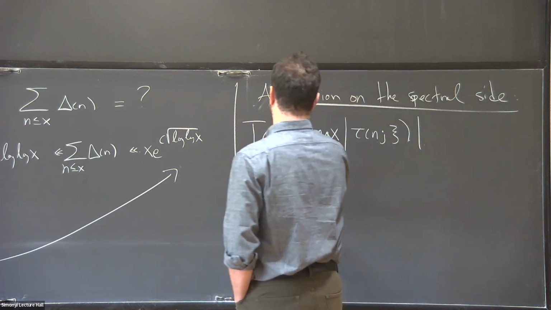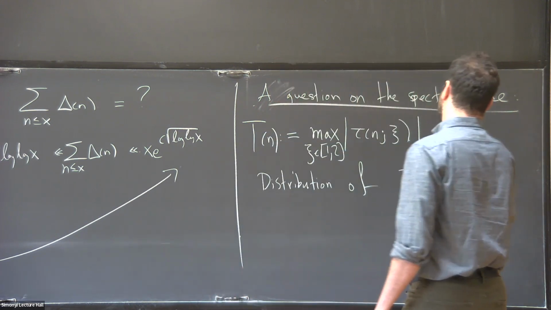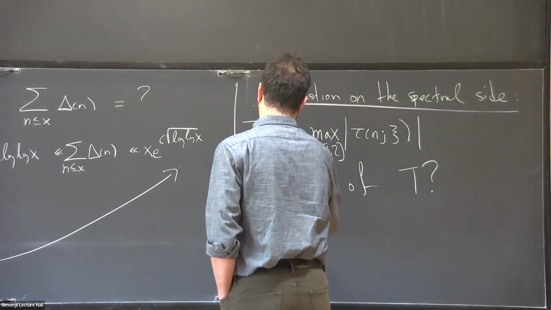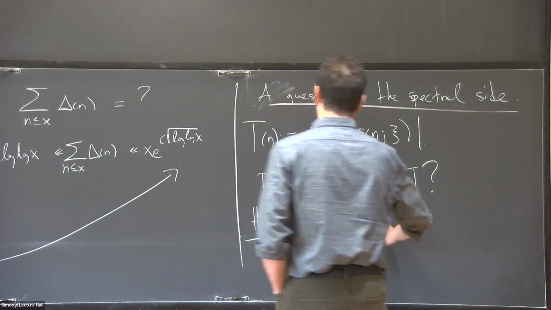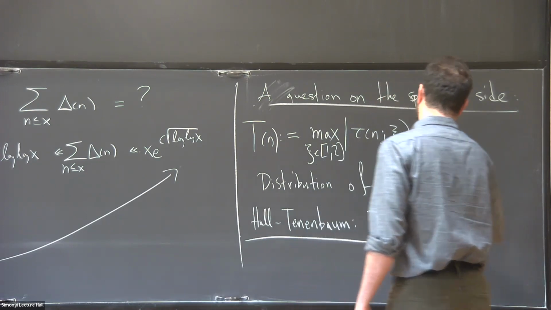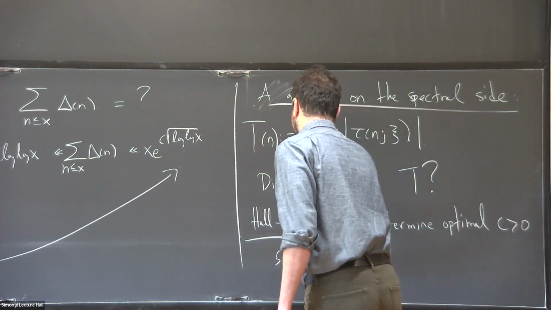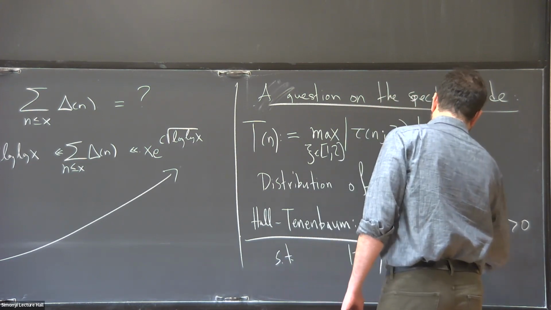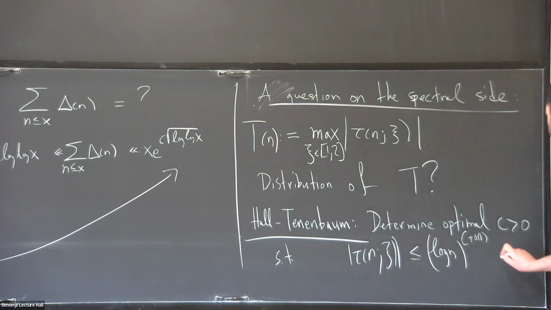Okay, so what is the distribution of the supremum norm of this function in this interval? In particular, Hall and Tenenbaum, in their book Divisors, have a question where they ask, determine the optimal C such that T_n is less than log n to the C plus little o of 1, asymptotically almost surely.